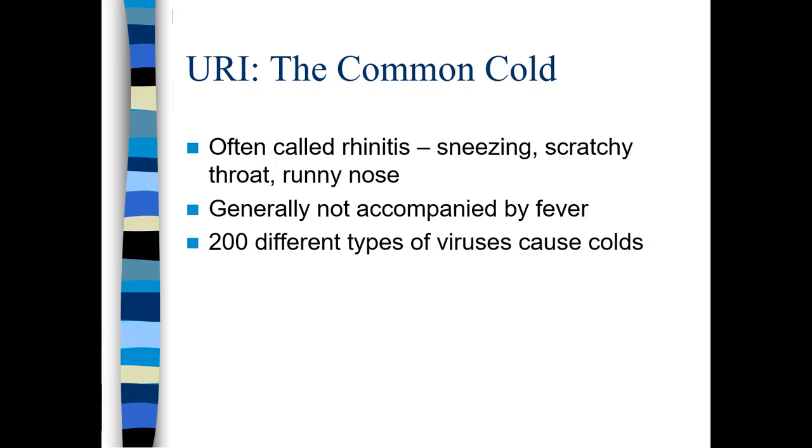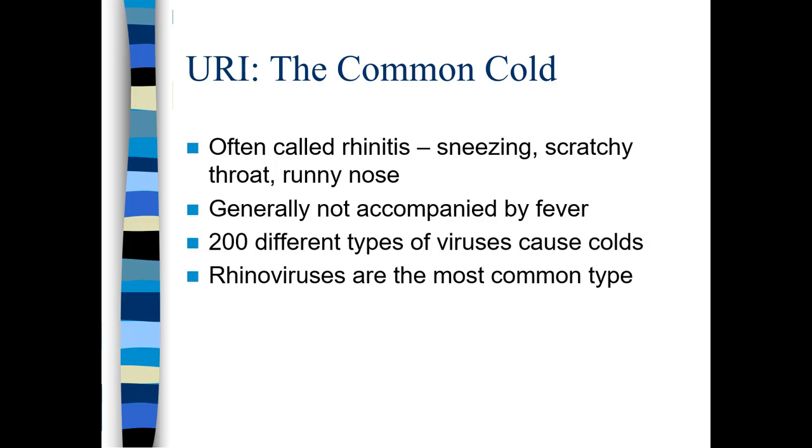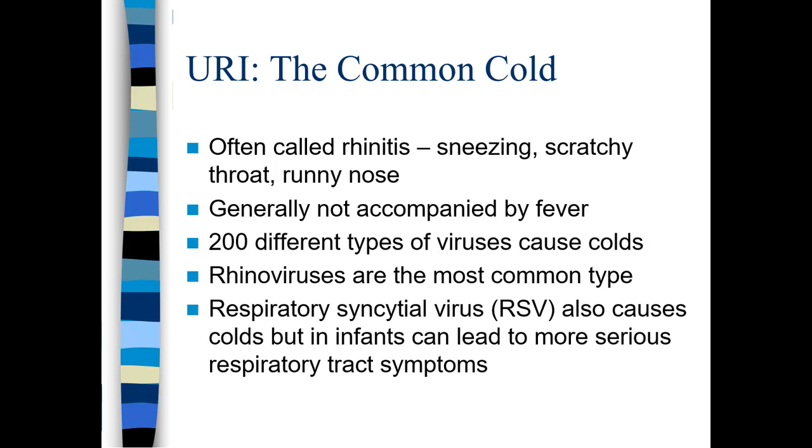There's 200 different types of colds. One of the reasons why there isn't a vaccine against the common cold is because there are just too many viruses that cause that, and also it's generally very mild, very short term. Respiratory syncytial virus, you hear RSV, especially in newborns and premature infants.